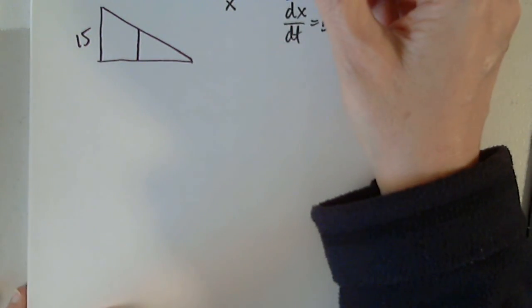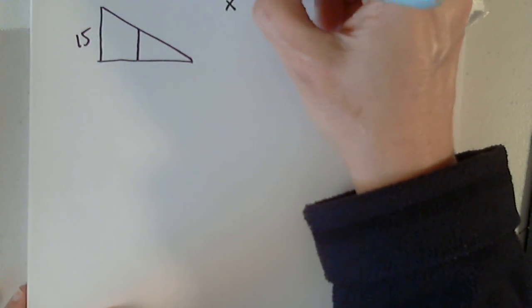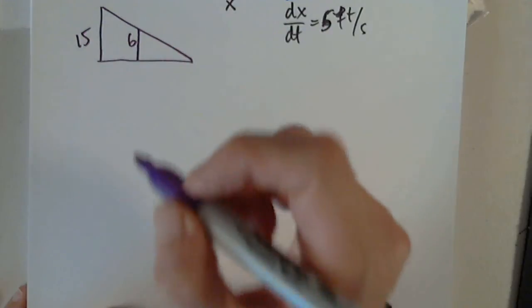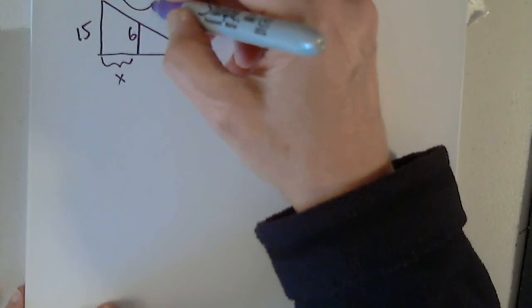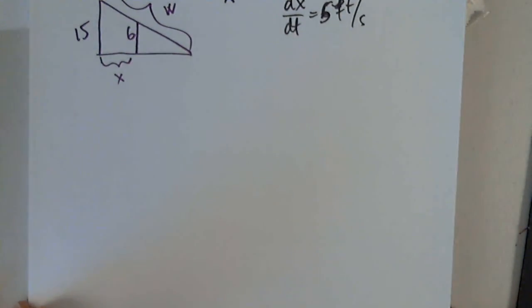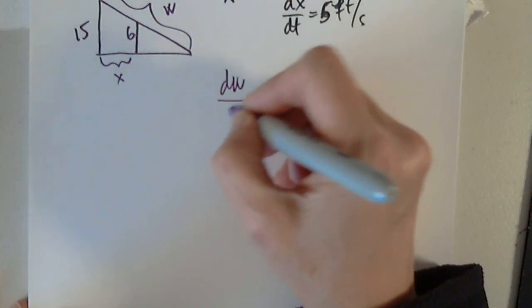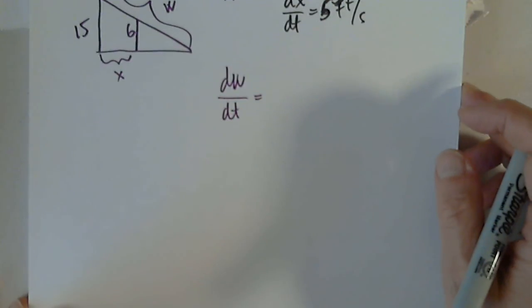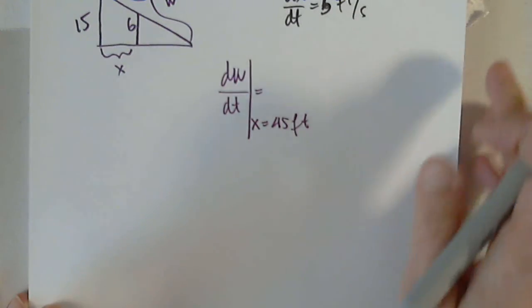He is, again, 6 feet. So this is 6. This is x. And this is W. And we are asked to find dW over dt when x is 45 feet.